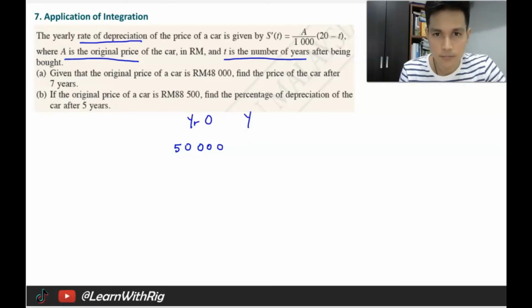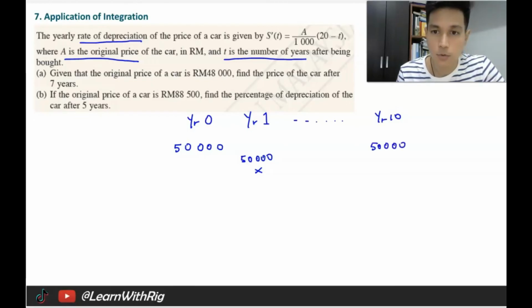That means the day you bought the car, at year 0. One year later, at year 1, after you use it for 1 year, when you sell this car, are you going to sell it at 50,000? The answer is no, because you already used the car, so you cannot sell at the same price. Let's say you kept it for 10 years and you decide to sell. Are you still going to sell it at 50,000? No, because nobody will buy from you at this price.